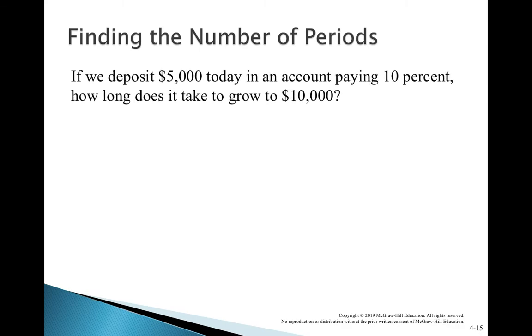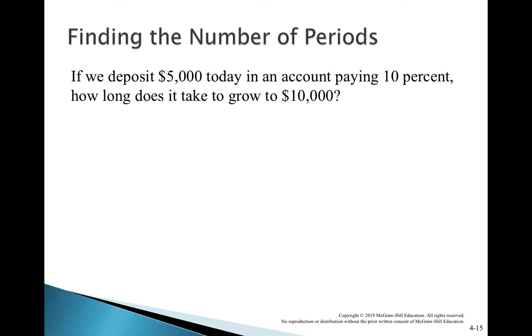If we deposit 5,000 today in an account paying 10%, how long does it take to grow to 10,000? So here we are trying to calculate the number of periods. Why? Present value is given, 5,000. Future value is given, 10,000. Rate of interest is given, 10%.